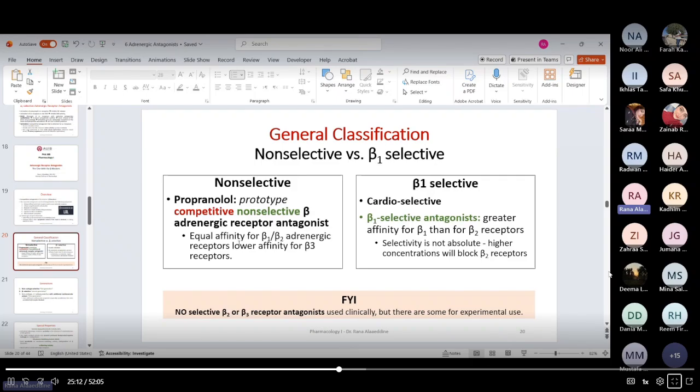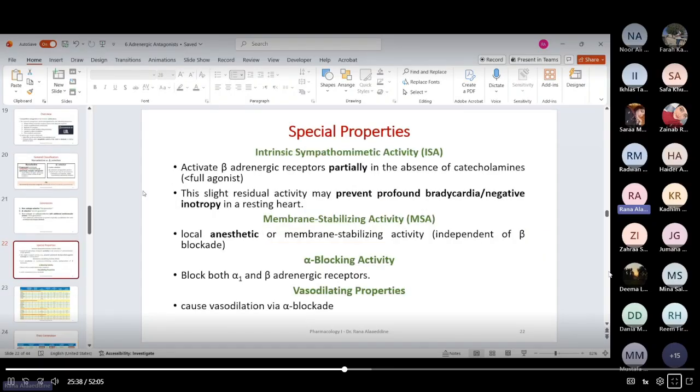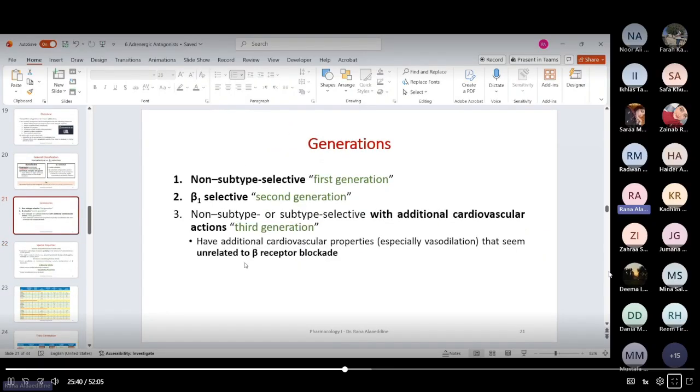The beta 2 receptors may cause vasodilation, but if we block them, what's going to happen? No more norepinephrine coming, so in the vessels that undergo vasodilation, no more vasodilation is going to happen. Anyways, usually the effect on the vessels is minimal, unless there is a third generation with a special property, and then vasodilation can happen.